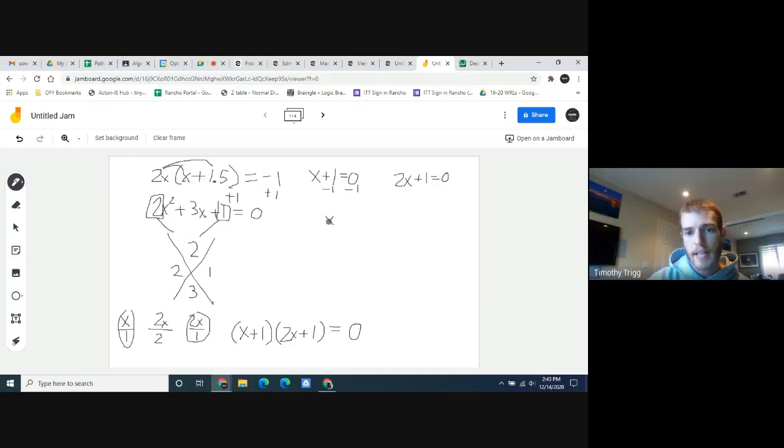So that'd be x equals negative 1. The other one, minus 1, minus 1. 2x equals negative 1. Then divide by 2 both sides to get x by itself. So x equals negative 1/2 or negative 0.5.